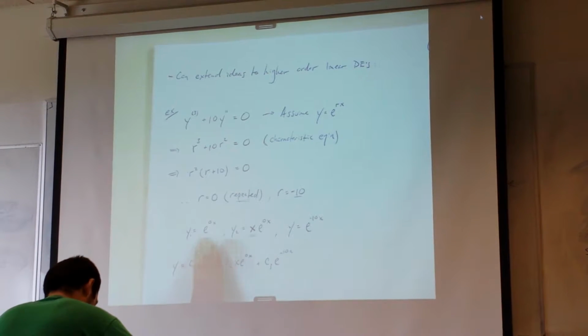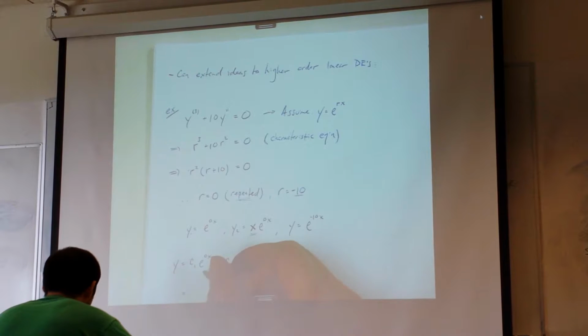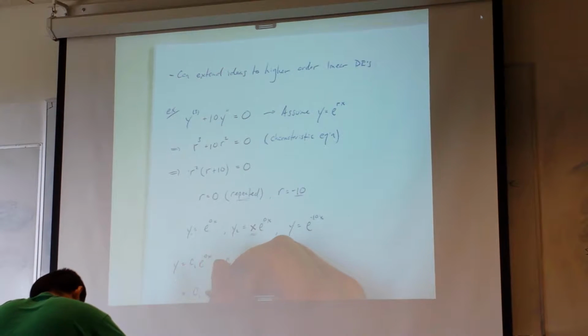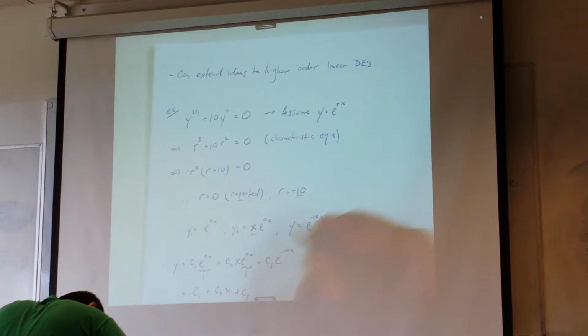So I pick up another factor of x out front for every added multiplicity. Of course, e to the 0x is just 1, so I get c1 plus c2 x, plus c3 e to the negative 10x.